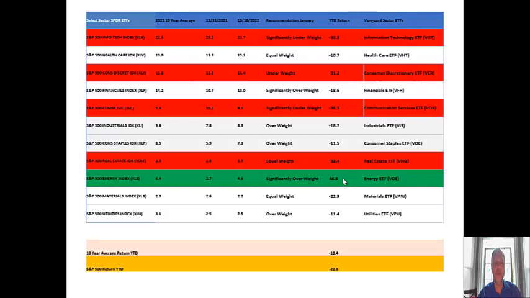So overall, using the 10-year average return approach, we would have still lost money in 2022, losing 18%, but the S&P 500 lost close to 23% year to date. So we would have very significantly outperformed the S&P 500.